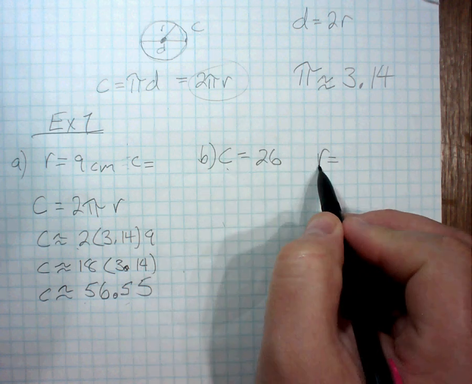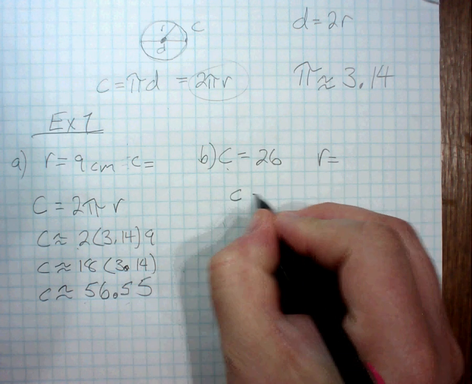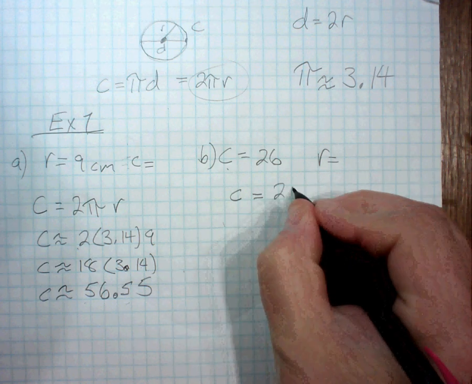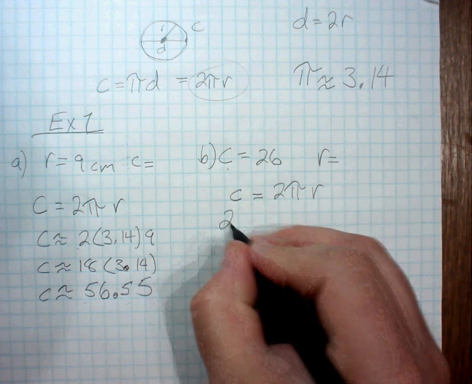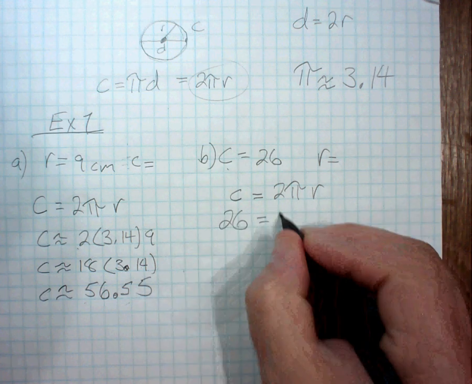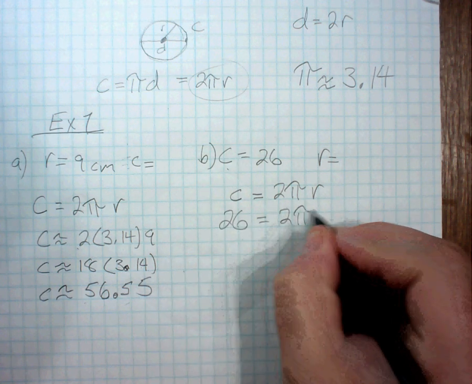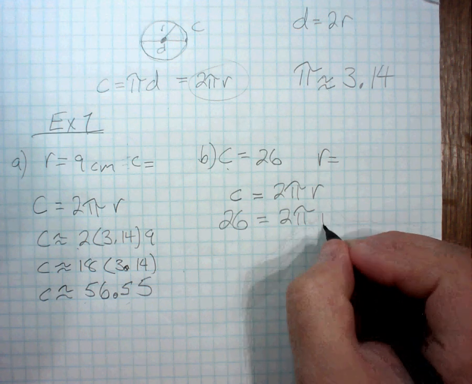So now for the next one, I'm going to use the same formula because I have the circumference and I have the radius. So I'm going to say C is equal to 2 pi r, but now I know that C is 26, so 26 equals 2 times pi times r, but I don't know what r is.